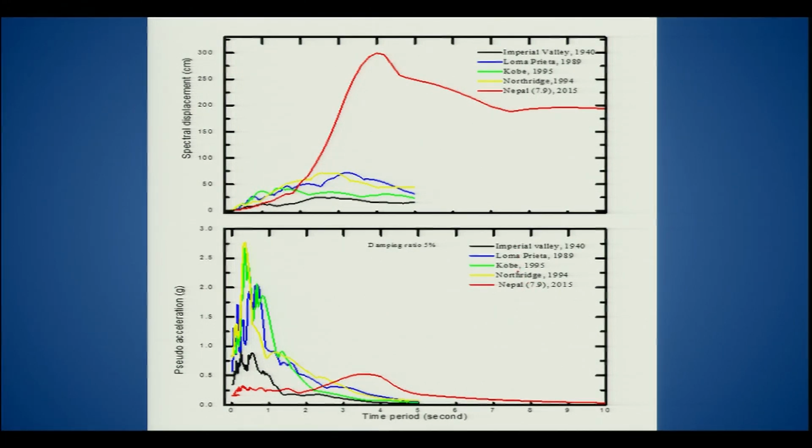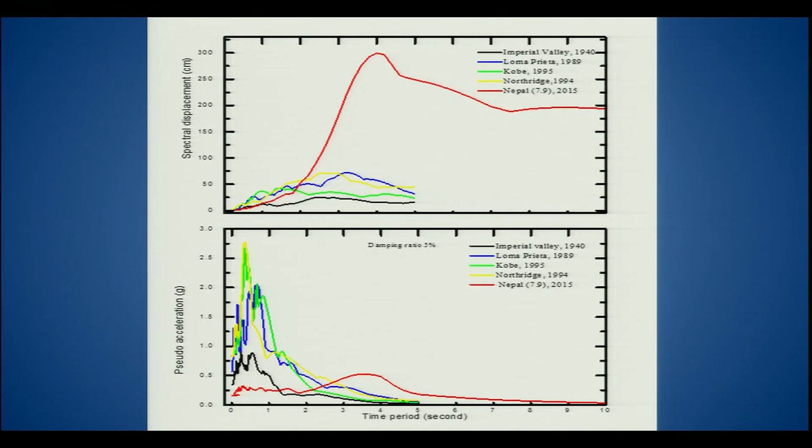Similar magnitude earthquakes have been listed here: the Imperial Valley earthquake 1940, Loma Prieta 1989, Kobe 1995, the Northridge earthquake of the US in 1994, and then the Nepal one. In terms of magnitude, these earthquakes are very similar, so we expect a similar amount of energy was released, but sometimes the complex nature of the crust will teach us a different lesson.